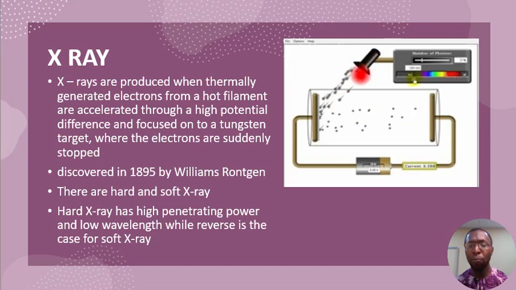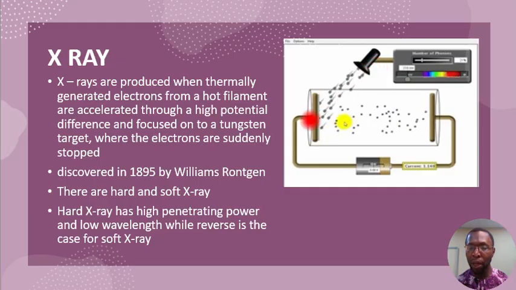So X-ray are produced when a high potential difference of heat is applied. Okay, so they are produced when high potential of heat is applied, and the light now falls on the metal.